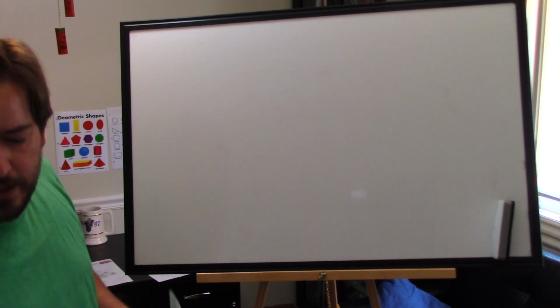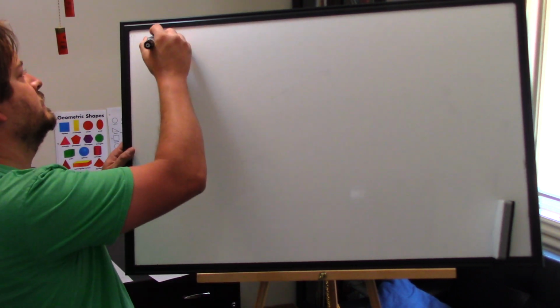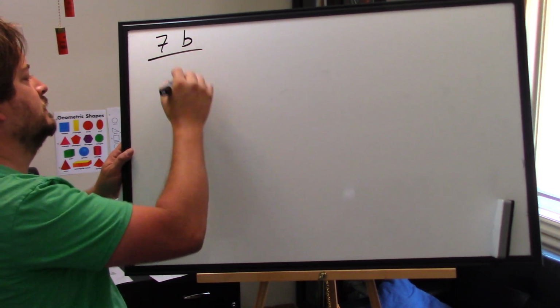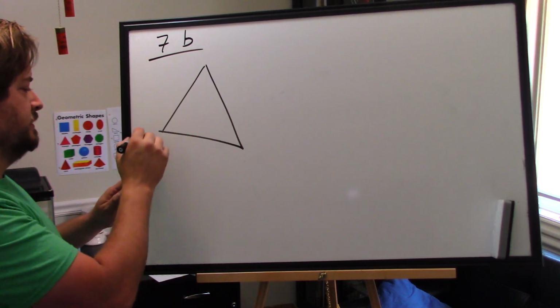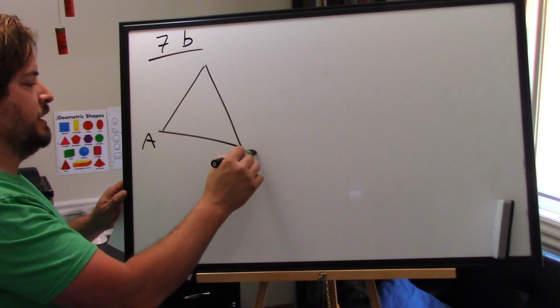Seven B says that we're given another triangle. Some triangle ABC. Doesn't matter, ABC.